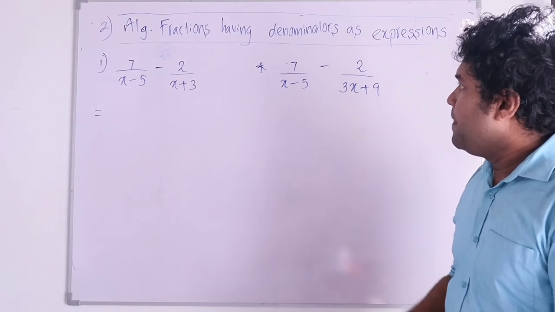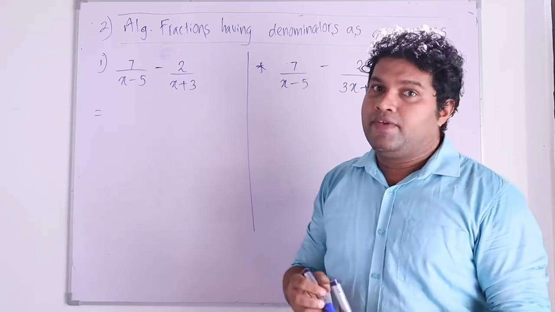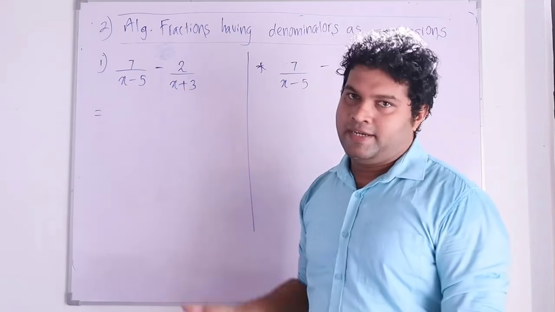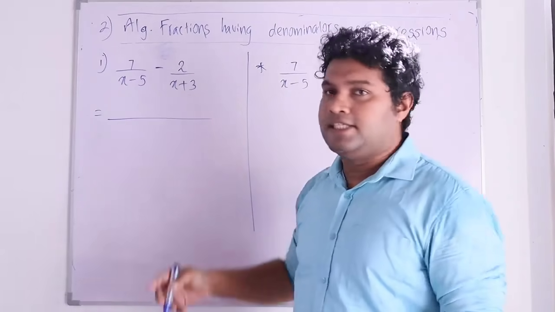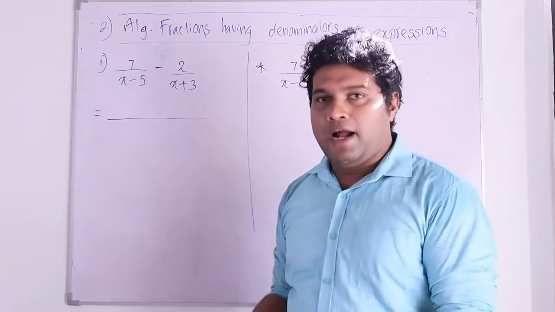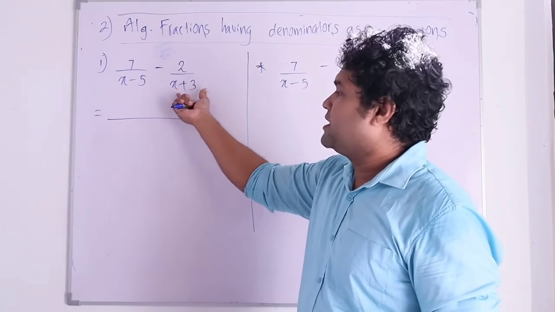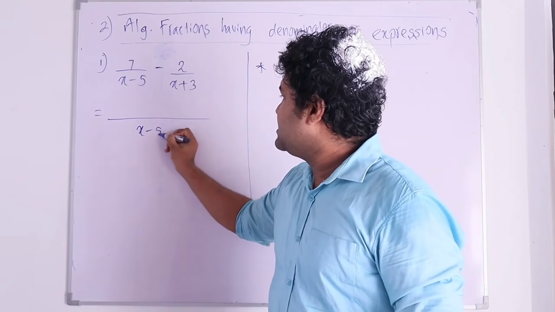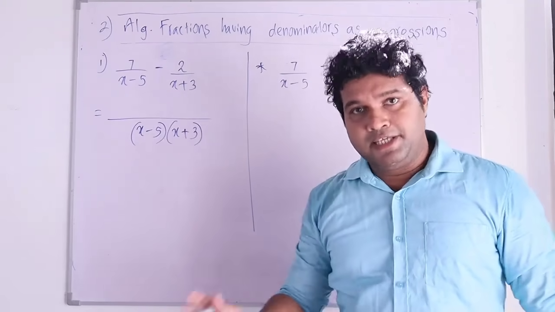Therefore, the first question is very easy. The reason: we have non-factorable factors. Therefore, you just have to get the LCM, or otherwise simply the product of the two expressions, because x minus 5 and x plus 3 don't have factors, so the product of the factors is the LCM.